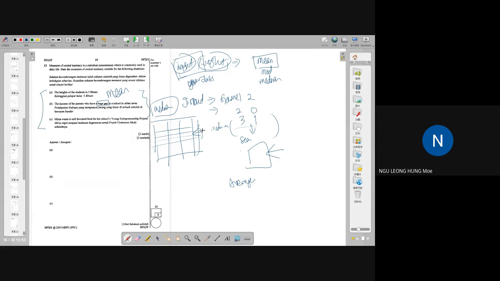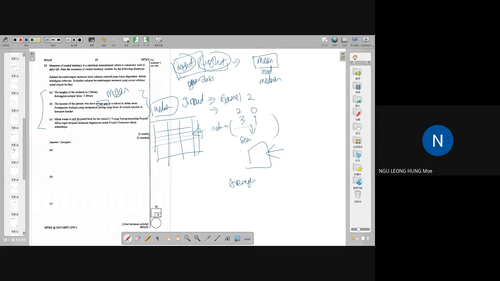Mungkin you kata, cikgu, boleh pakai mean ke tidak? Boleh juga. Tidak kata tak boleh. Asrul? Yang C, Miza wants to sell favorite food for her school in the Young Entrepreneurship Project. Okay. Dia nak jual. Ini senang sikit.